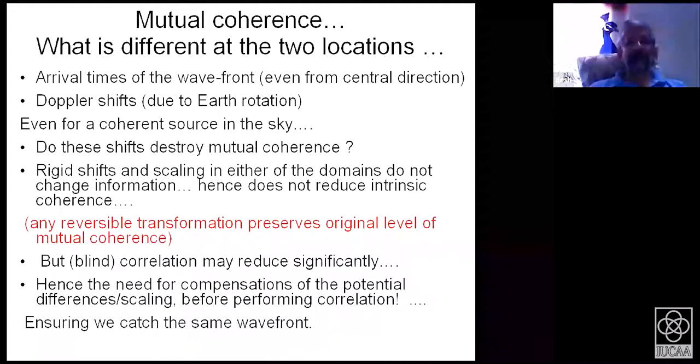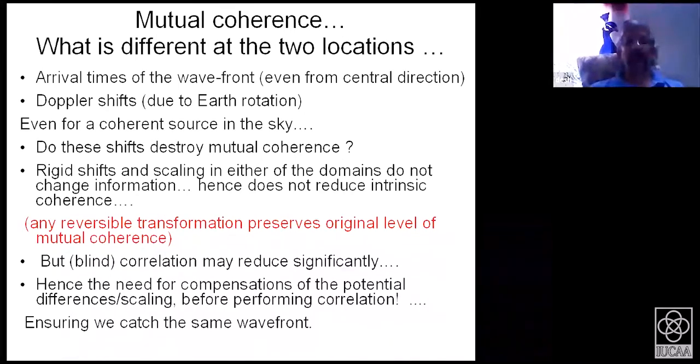So this is another difference. We have differences in the arrival times, that means delays, which are non-zero. We also have Doppler shifts, which are different. So even for a coherent source in the sky, a compact source, we can ask, do these shifts destroy mutual coherence?